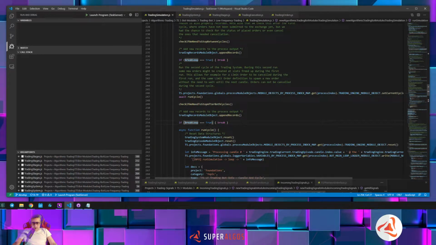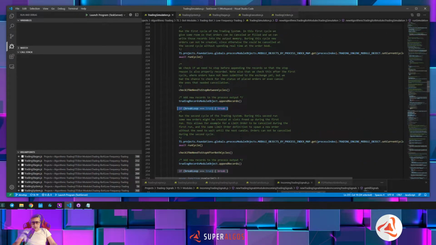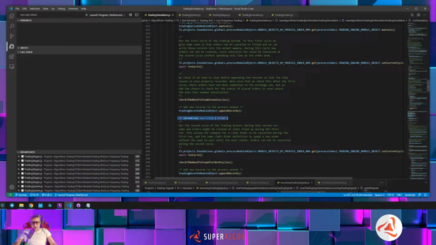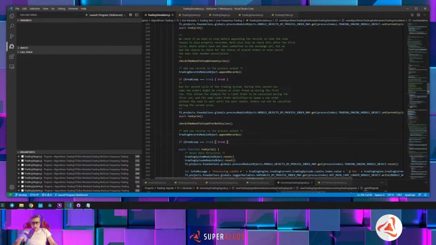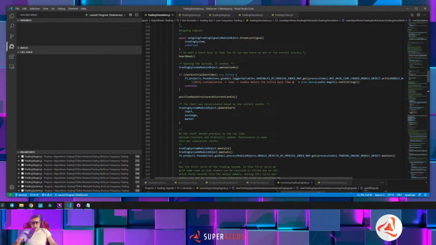Here we have the question, if break loop equals true, then breaks. So if it can break the loop here, after it appends records, or it can break it here, and everything works well, why can it not break it here?